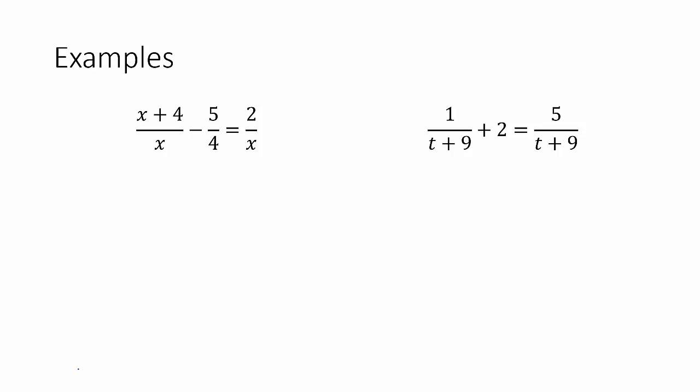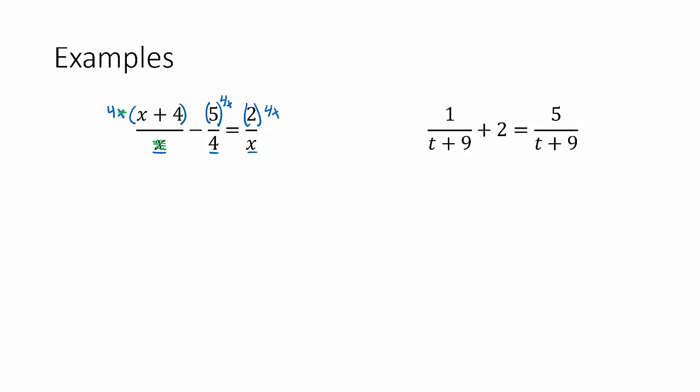So here we've got x plus 4 over x minus 5/4 equals 2 over x. You notice my denominators have x's and 4's. So 4x is my least common denominator, so I'm going to multiply each term by that 4x. And when I do, I get some nice reducing.